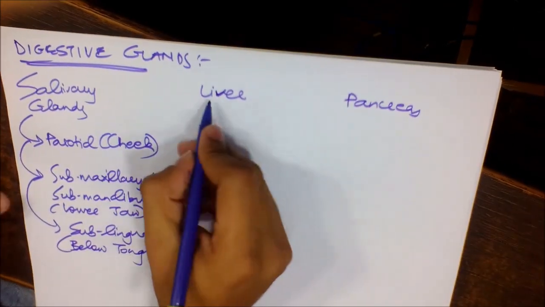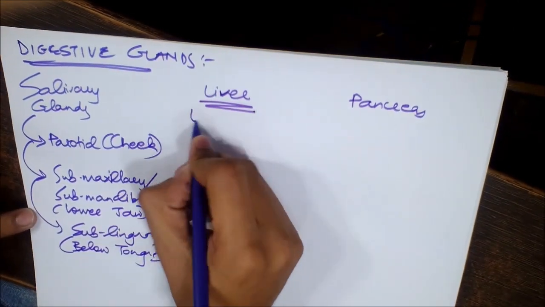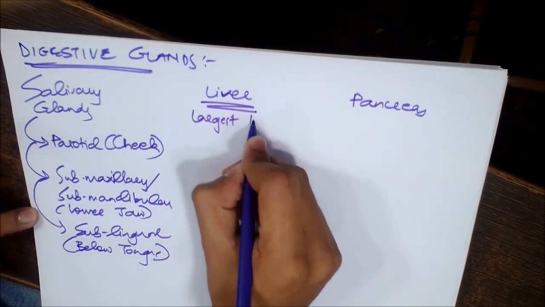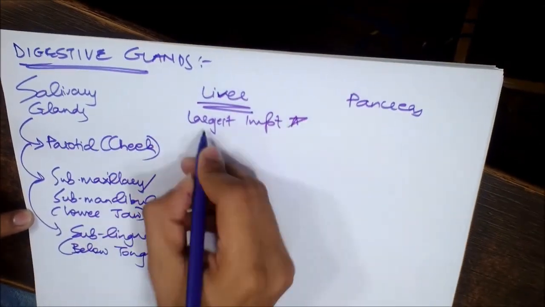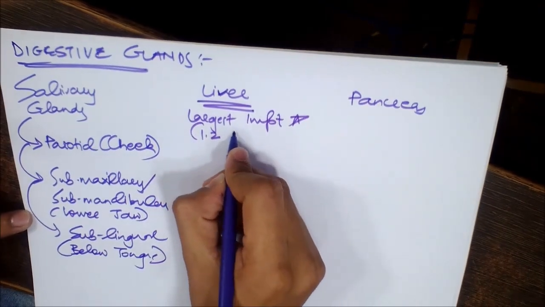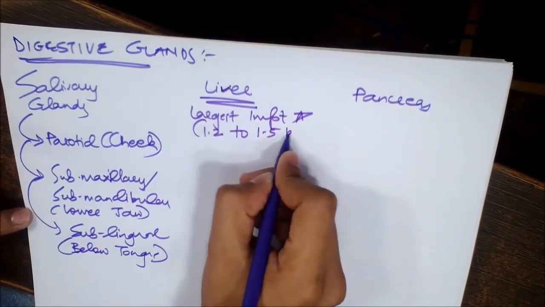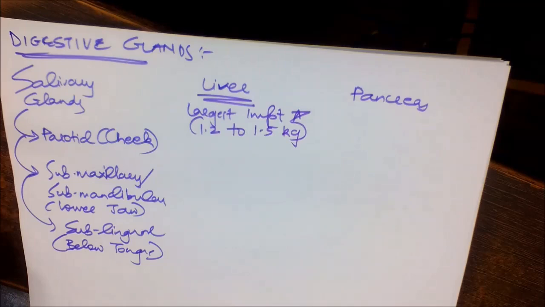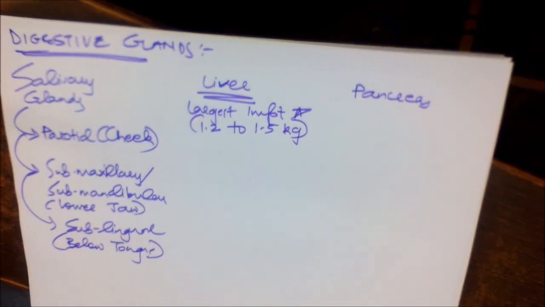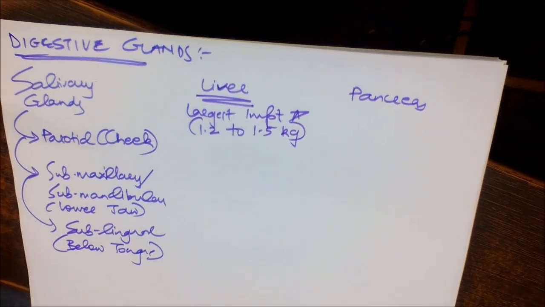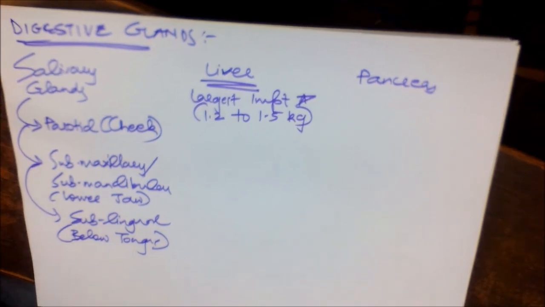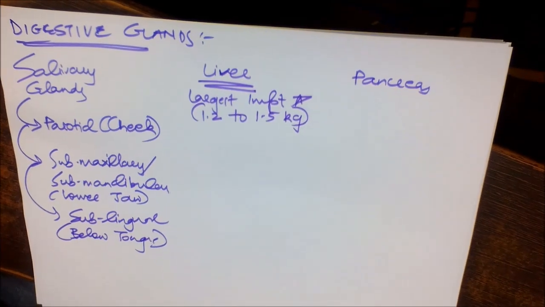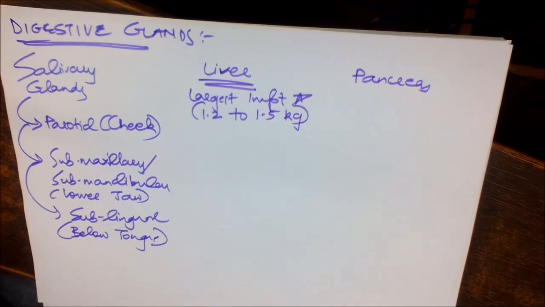Liver is the largest gland of the body, which is a very important point, and weighs approximately 1.2 to 1.5 kg. It is situated in the abdominal cavity just below the diaphragm and has two lobes known as the hepatic lobes.